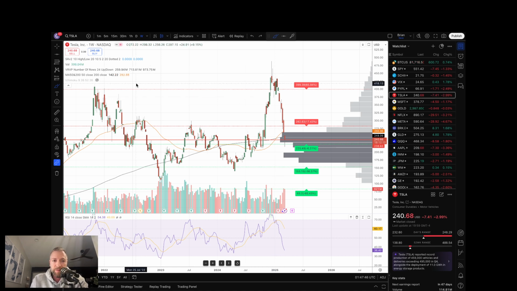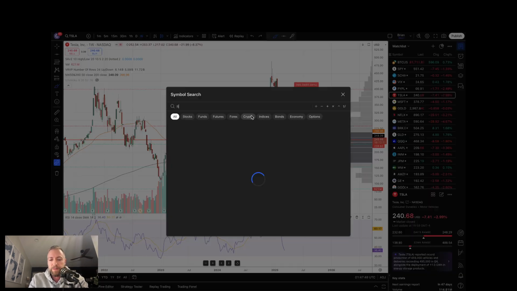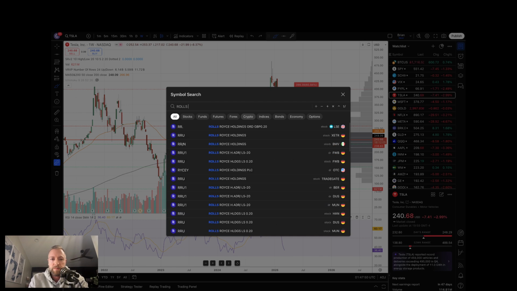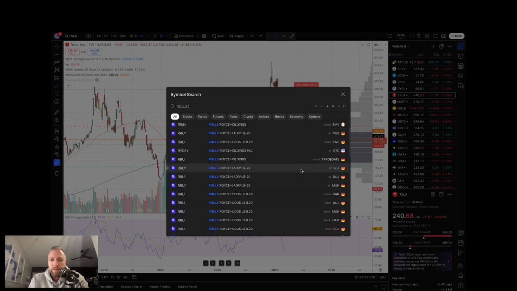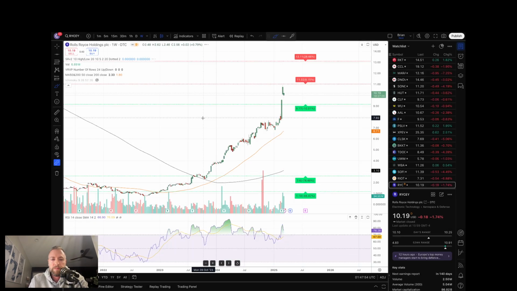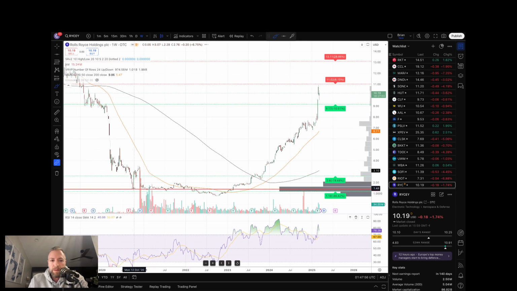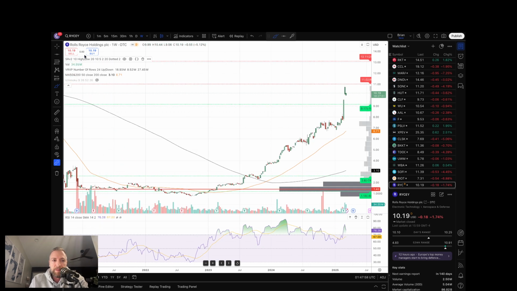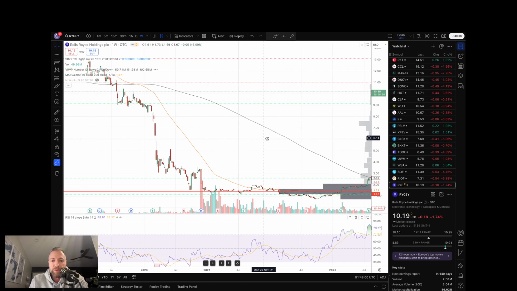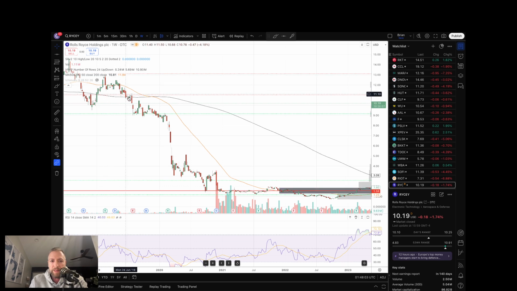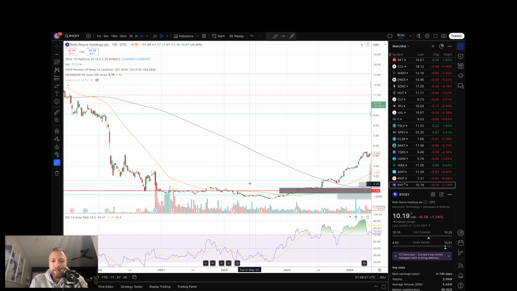Another really good example of this is Rolls-Royce. You can see we had a major downtrend right here, a lot of consolidation.